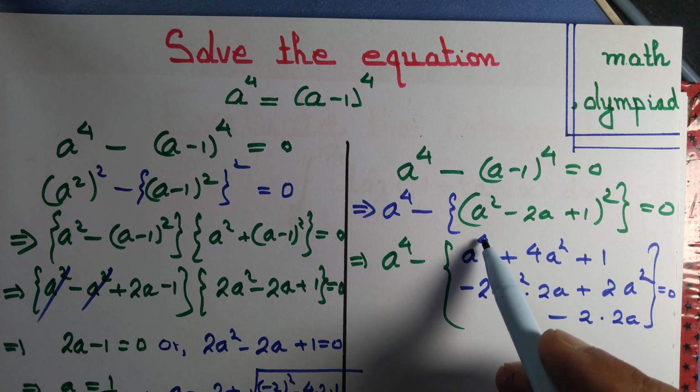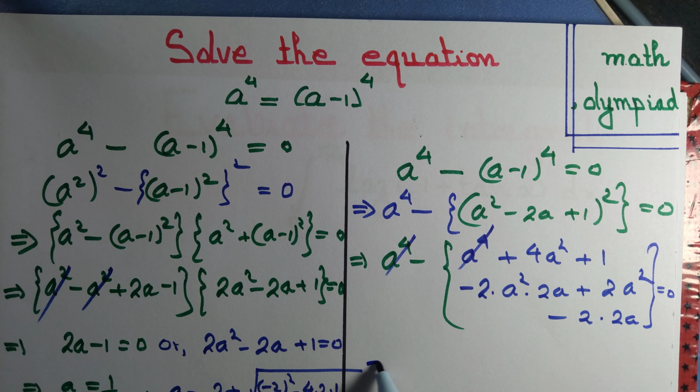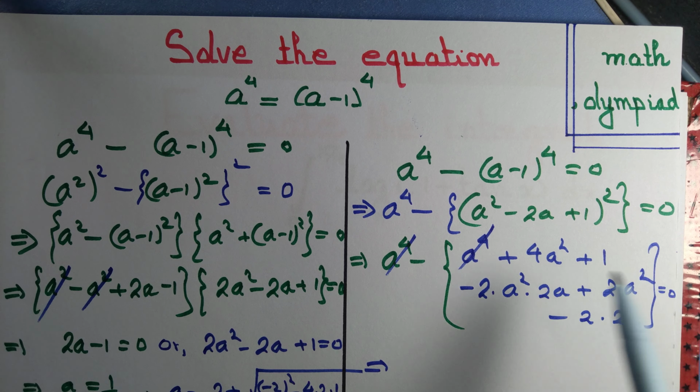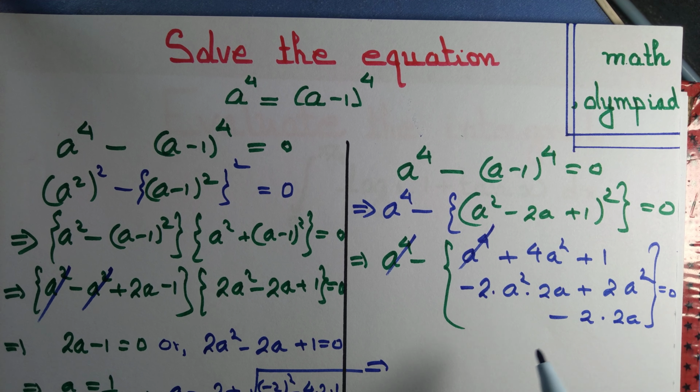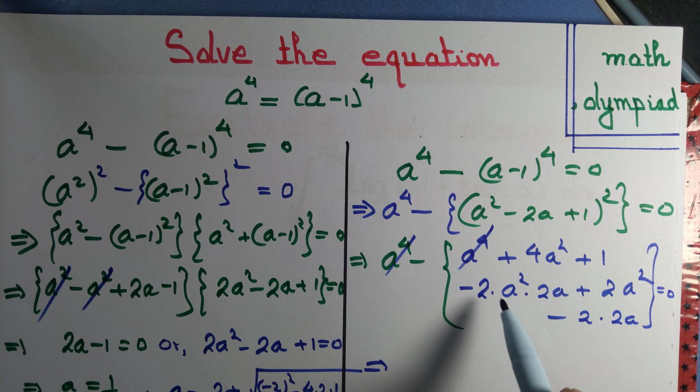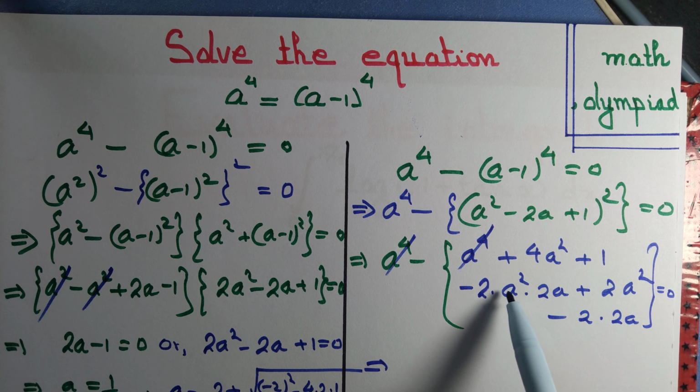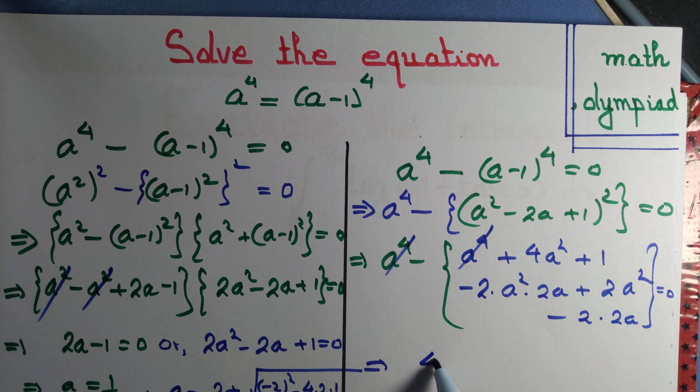You can cancel a to the power 4. Just take minus to the right hand side. So you have, let's multiply by minus because you have a cube term here.